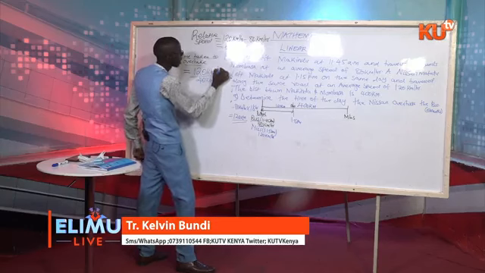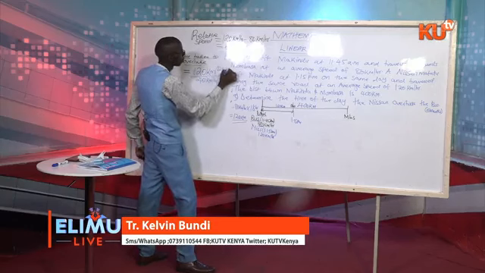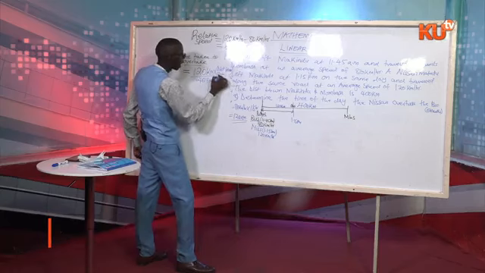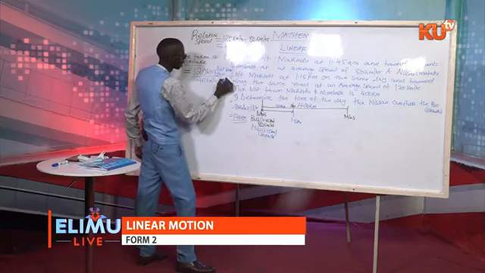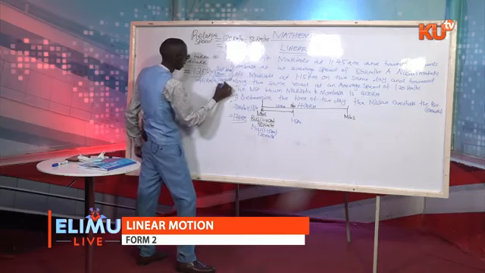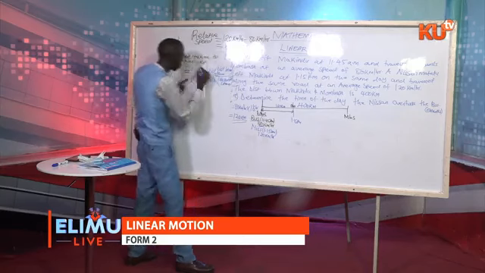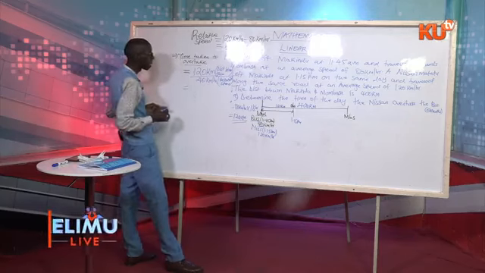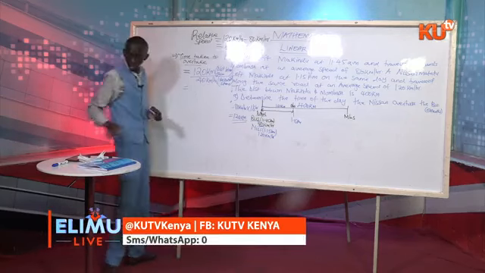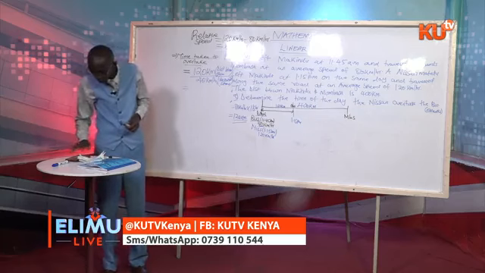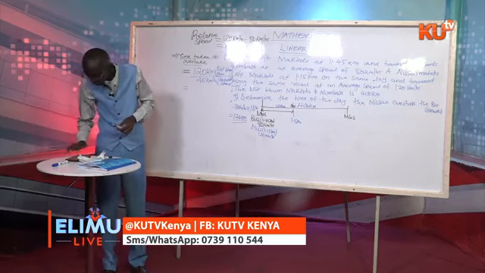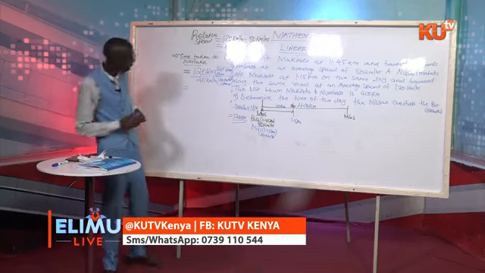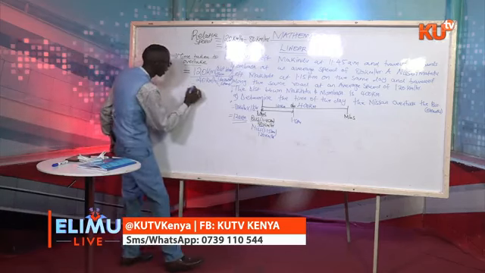This is the distance between them divided by the relative speed. You also have your calculator. Let us calculate together. 120 divided by 40 will give us 3.